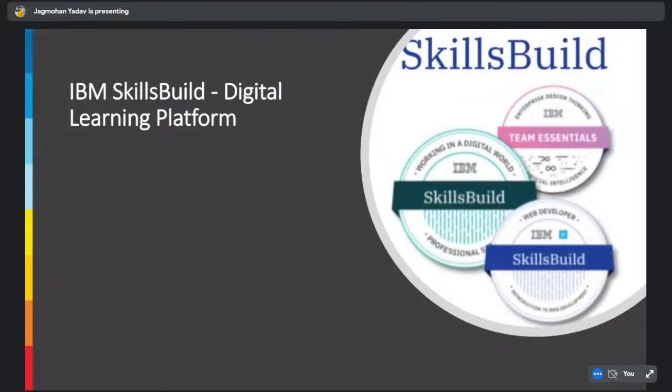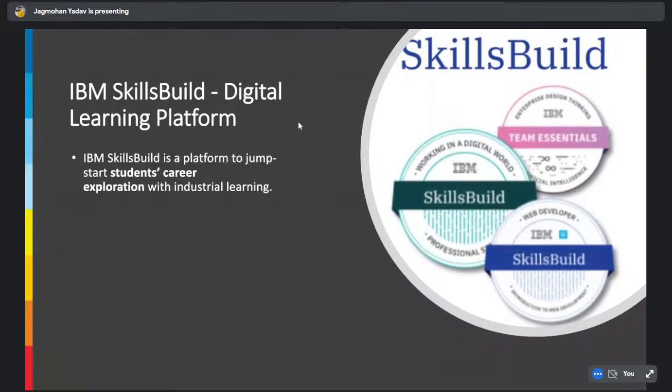So, IBM Skills Build. It's a self-learning digital platform where you have multiple courses to learn. You can learn by yourself, and you have a lot of courses, both technical and non-technical. It gives you a jump start to your career, and it also empowers educators to learn about all these new age technologies.